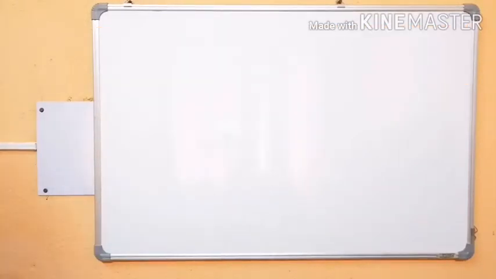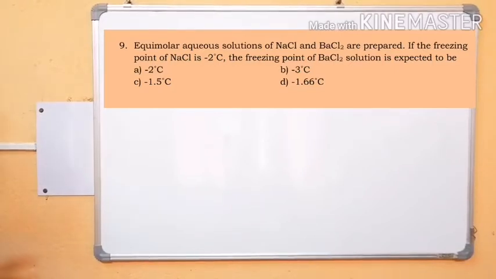The next question is: equimolar aqueous solutions of sodium chloride and barium chloride are prepared. If the freezing point of sodium chloride is -2 degrees, the freezing point of barium chloride solution is expected to be... It's a very good question.